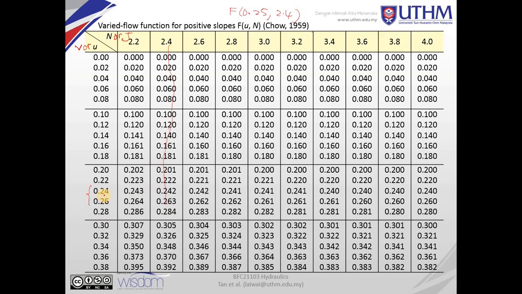So 2.5 is located in the middle of 0.24 and 0.26. Because it is in the middle, therefore we need to perform interpolation here. Here you need to do a simple calculation like this.